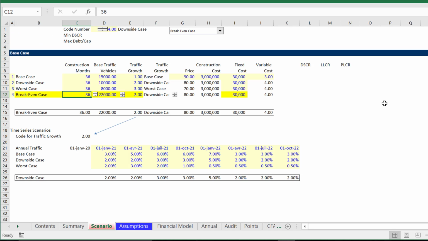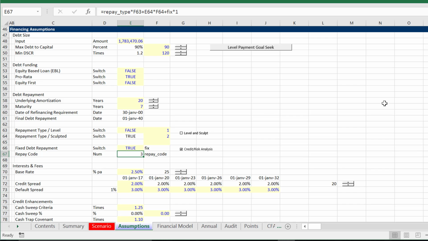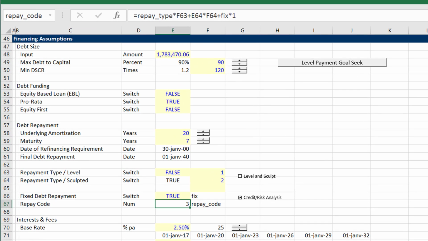Okay, now this is a relatively simple model with just a few different assumptions, and I might adjust the traffic growth and the structure of toll rates or something like that later.